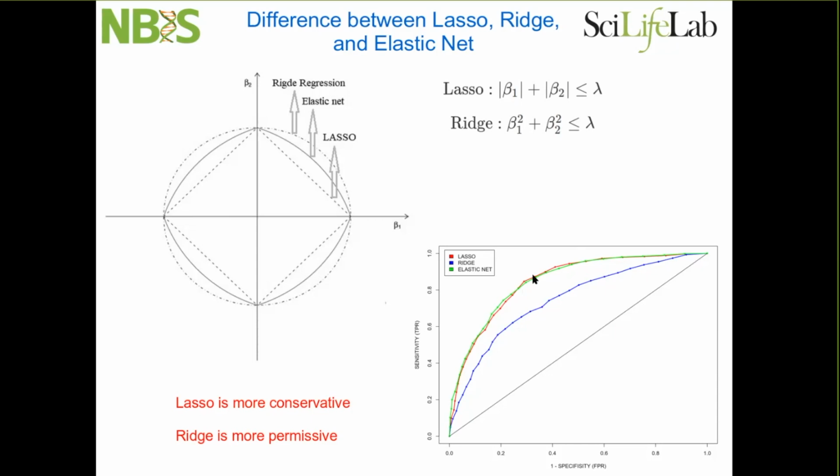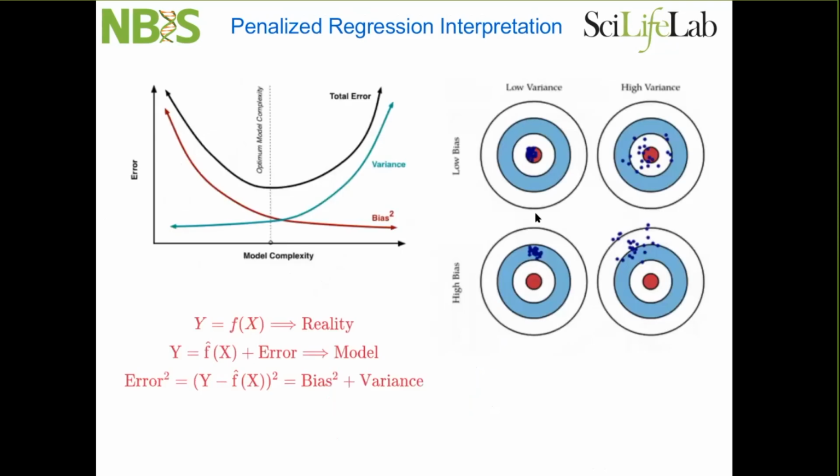And Lasso and Elastic Net in this case seem very different in their predictive capacity compared to Ridge. So Ridge is very permissive. Ridge will let a lot of genes survive the optimization, while only a few genes will survive Lasso optimization, in brief.